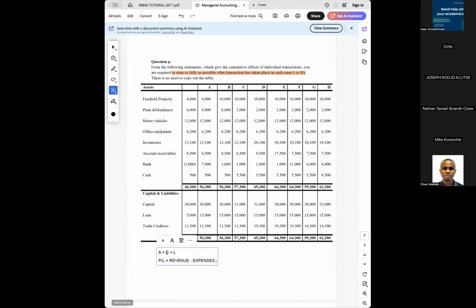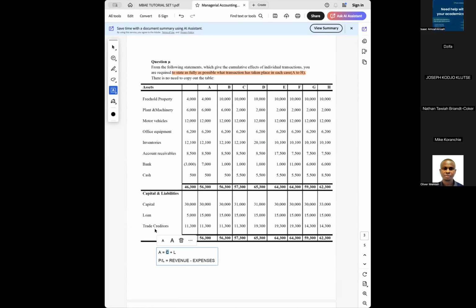So we can say that our capital will increase with profit or more revenue. The capital will decrease with high expenses, i.e. with losses.